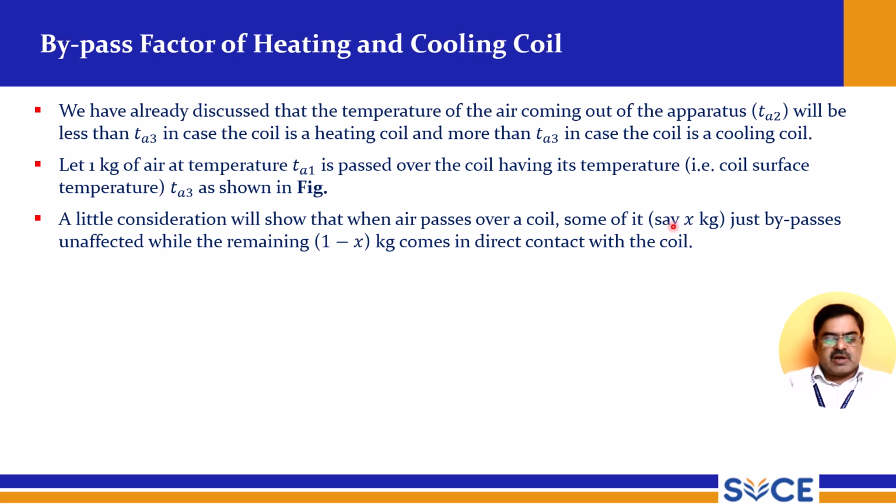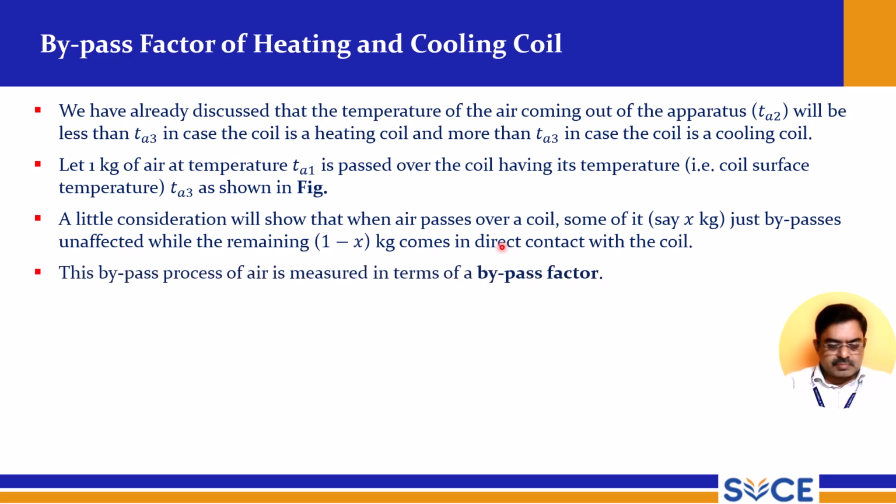So a little amount may come out without being in contact with the coil, without any impact. This bypass process of air is measured in terms of a bypass factor, which should be considered here.